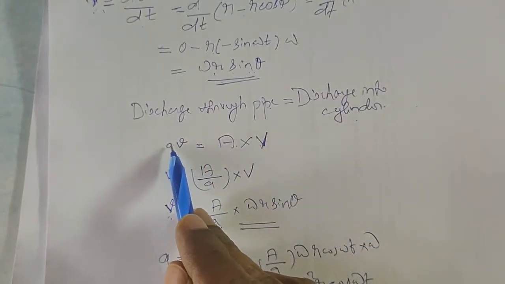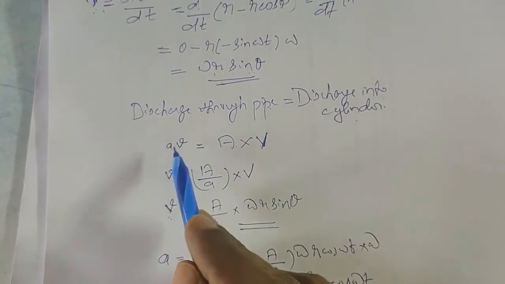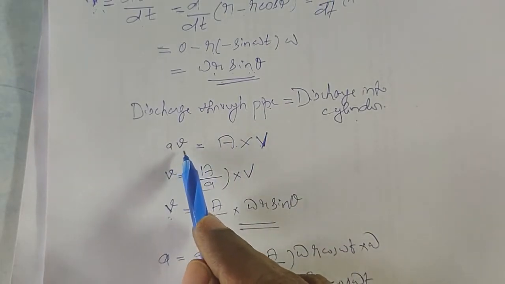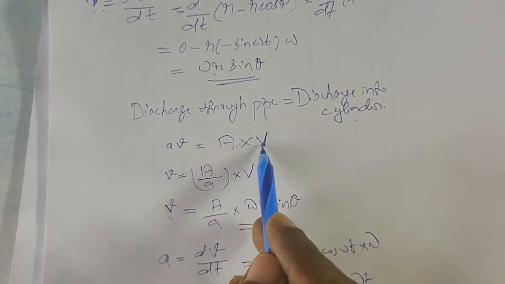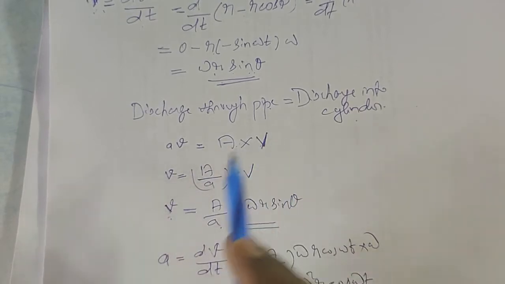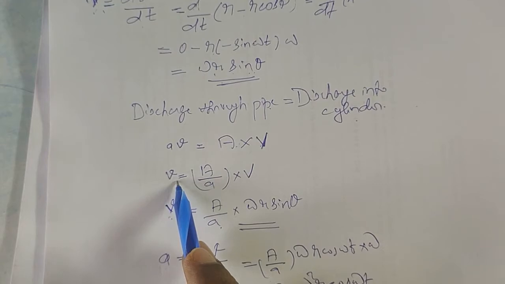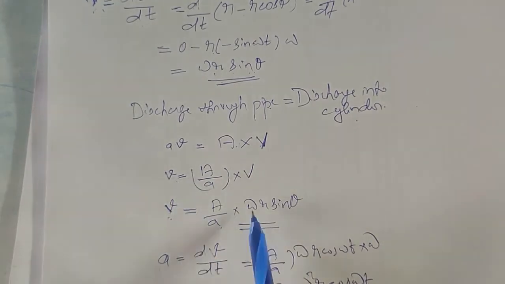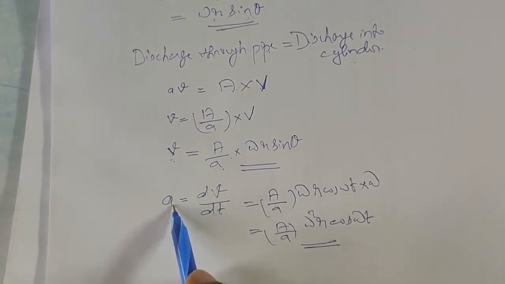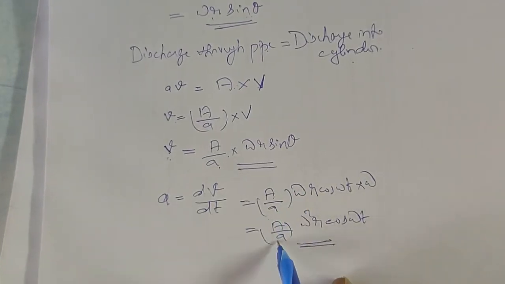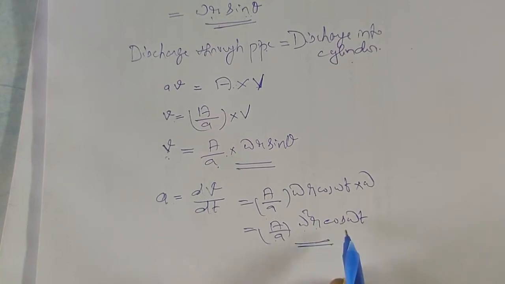Discharge through pipe, area into velocity in the suction or delivery pipe, will be equal to area of the piston into velocity of the piston. So we will find the velocity of flow in the suction or delivery pipe as this much. Now the acceleration of the fluid in the suction or delivery pipe is equal to A by a omega square r cos omega t.